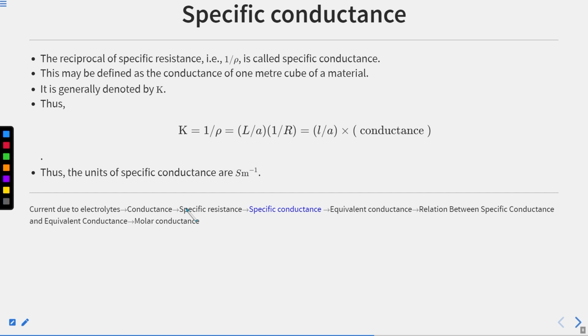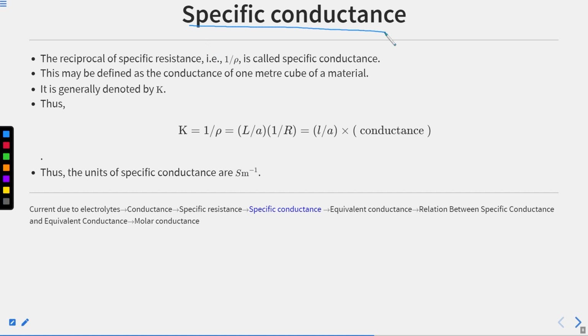Now, since we have seen a reciprocal of resistance, which was conductance, represented by G, with an SI unit of Siemens and a derived unit of ohm inverse, similarly we have an inverse of specific resistance, and it is termed as specific conductance.